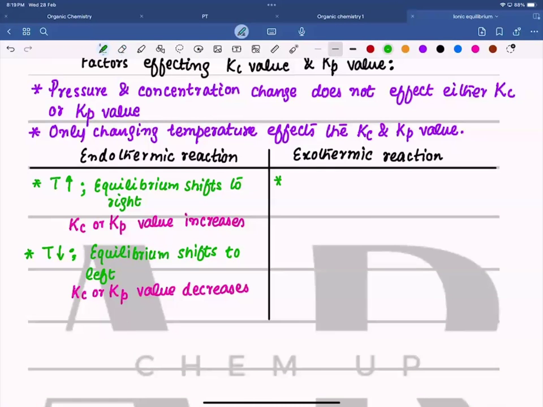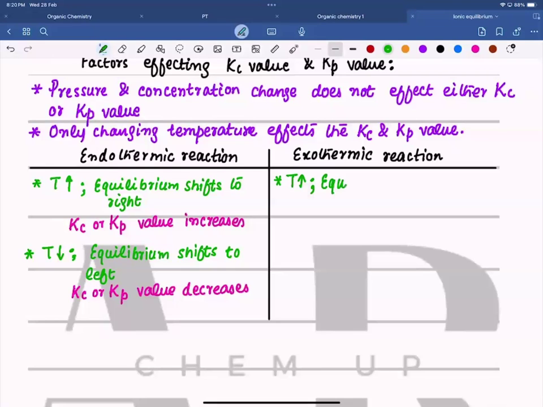So for an exothermic reaction, it means the forward reaction is exothermic, and if the forward reaction is exothermic, then the backward reaction would be endothermic. So if I increase the temperature, equilibrium shifts towards the endothermic side, and in this case, the backward reaction is endothermic.